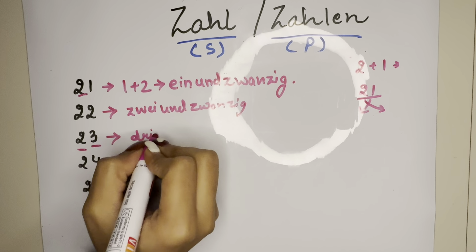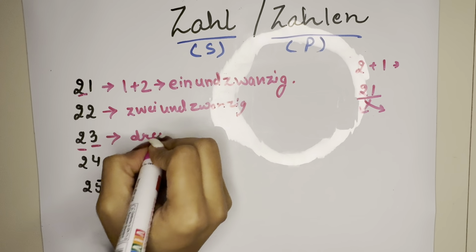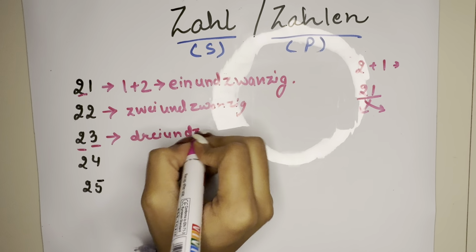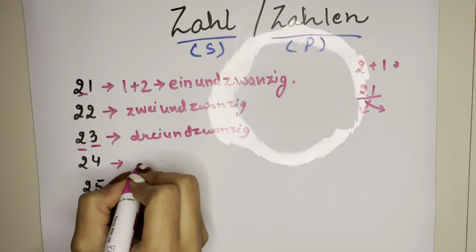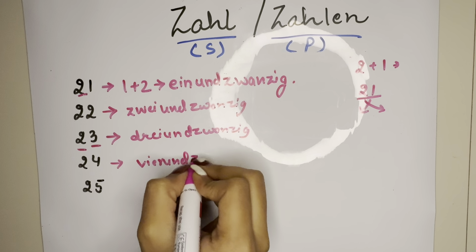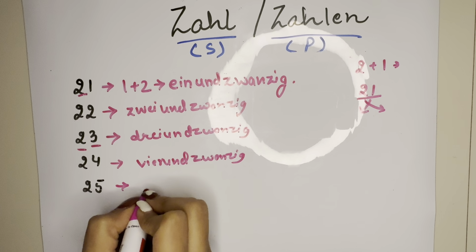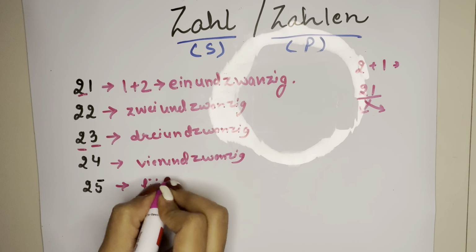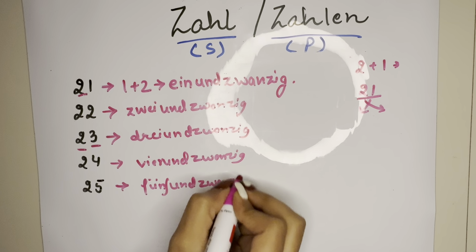23 will be 3 plus 20, so drei und zwanzig. 24 will be vier und zwanzig. 25 will be fünf und zwanzig.